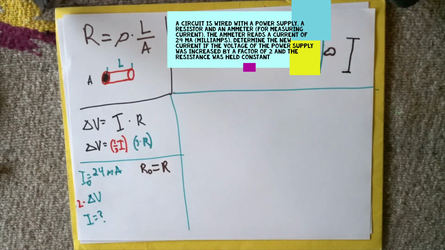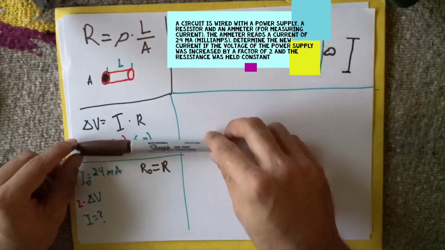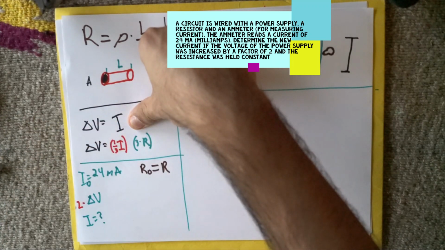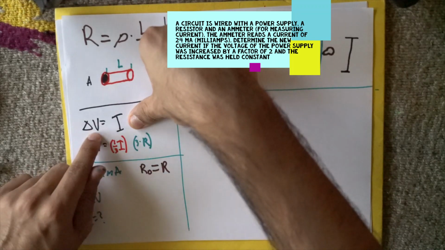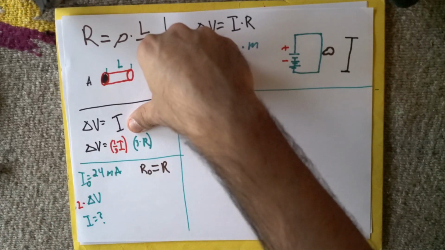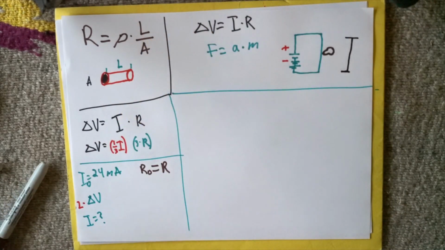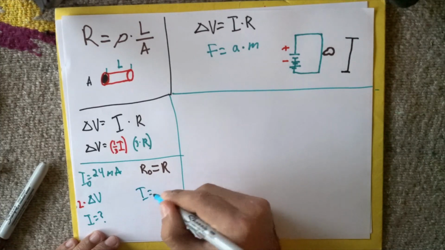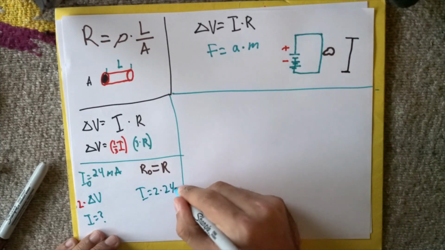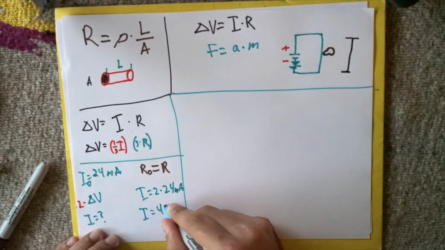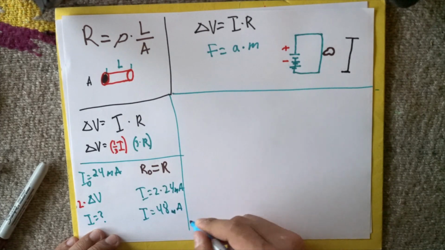So I need a numerical value here. So remember kind of how we mentioned this before. If my resistance is the same and I change my voltage, what's going to happen to my current? So if I multiply my voltage by 2 and my resistance stays the same, then my current is going to also be multiplied by 2. So my new current is going to be 2 times 24 milliamps, which will equal 48 milliamps.